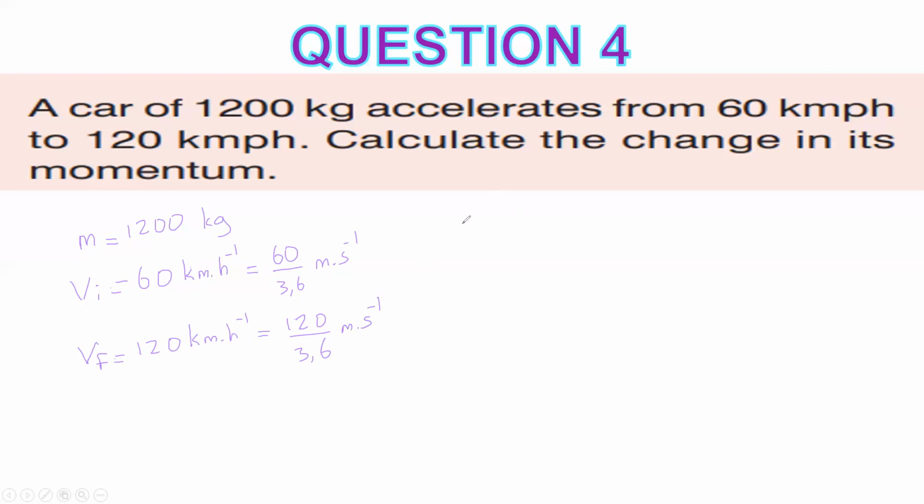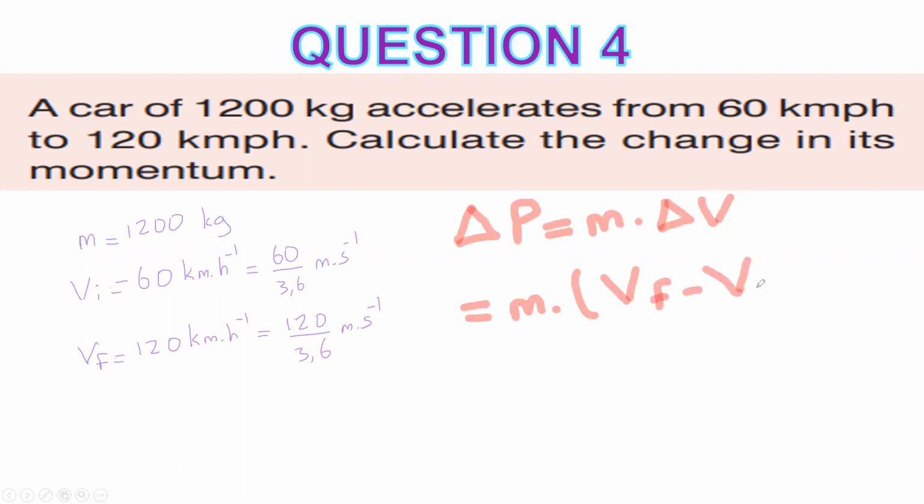We are looking for change in momentum. It means the other name is what? As you know, impulse. We are looking for impulse. So let's calculate impulse now. Delta P equals m times delta V. And then what we know, m times V final minus V initial.